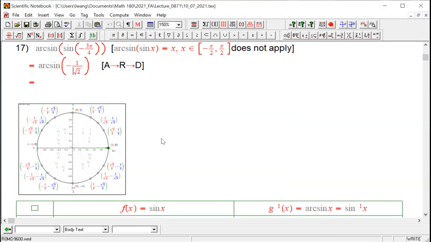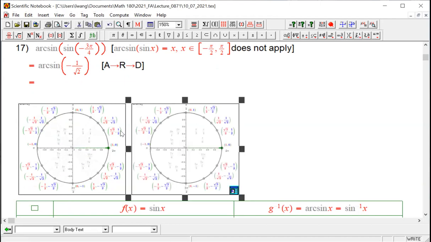Okay, the two software doesn't talk to each other. So I'm going to make two of these, right? So let me repeat that. A, the -3π/4. We measure clockwise. We are here.